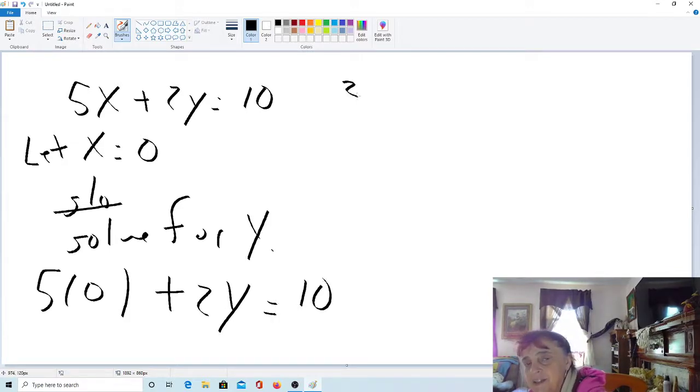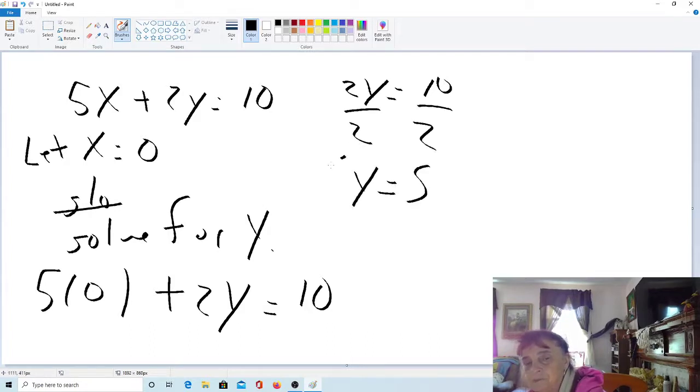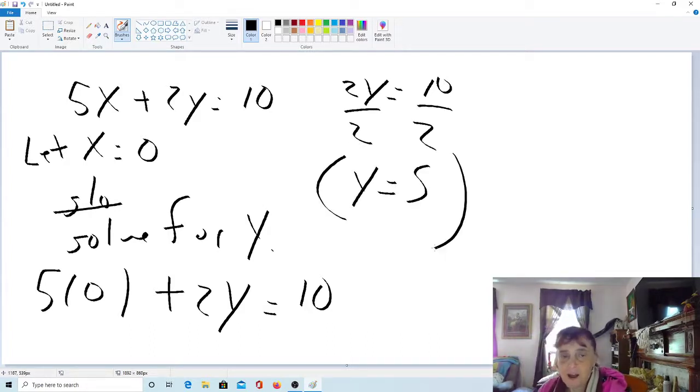So 2y is 10. Divide both sides by 2. y equals 5. So you have (0, 5) as your point. If 5x plus 2y is 10, (0, 5) is a point.